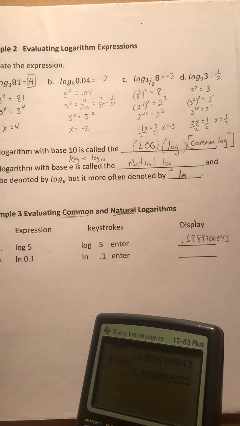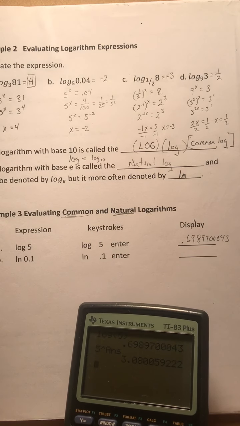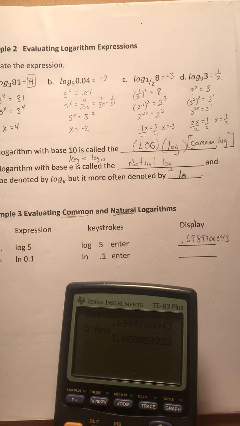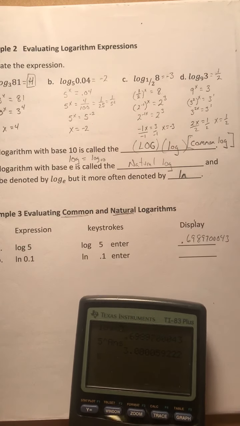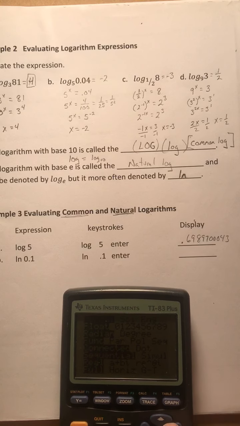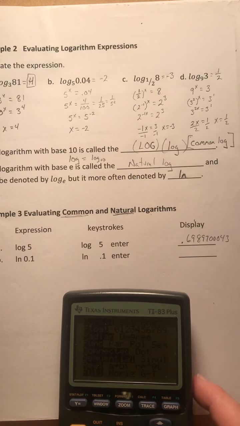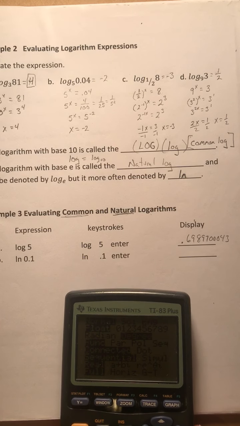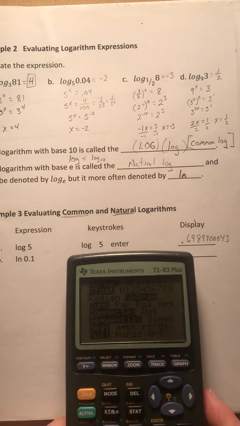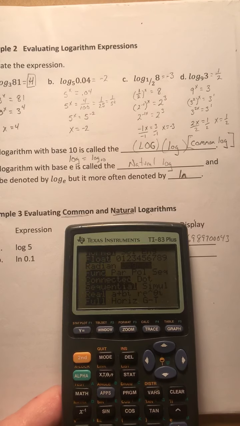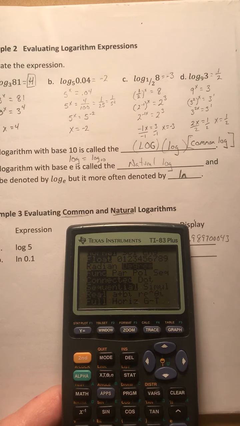Something went wrong there. Let me just check my mode. Oh, that's why, I was in radian mode. Let me try it again.